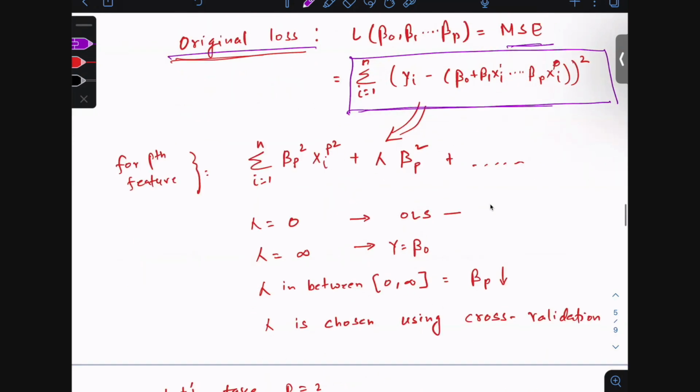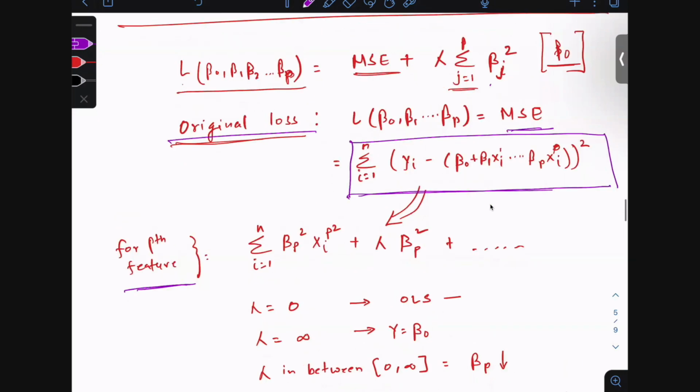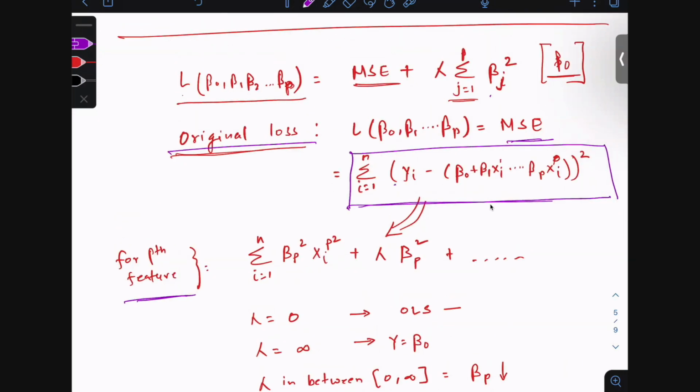For the pth feature, let's say for the pth feature, what will be this lambda term over here? If you expand this particular thing, one of the terms will be beta p square xi p square, because this is quadratic, one of the terms will result like this, correct?